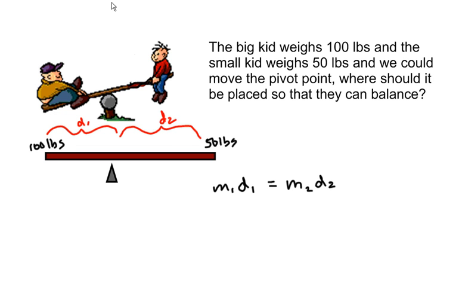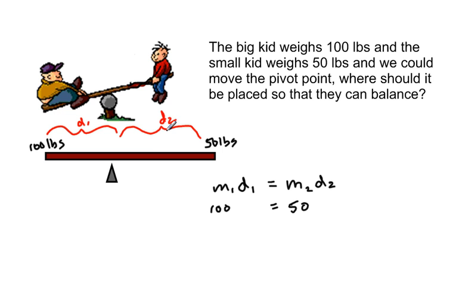Now if we put in our numbers, we've got 100 pounds here, and I know that's not a mass, but we're not going to worry about that right now. And we've got 50 pounds right here, and in order for these to be equal to each other, since this is twice as big, we need the distance here twice as big. So let's say our teeter-totter is 15 feet long.